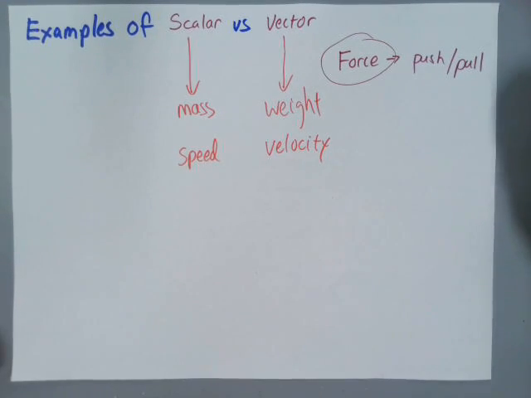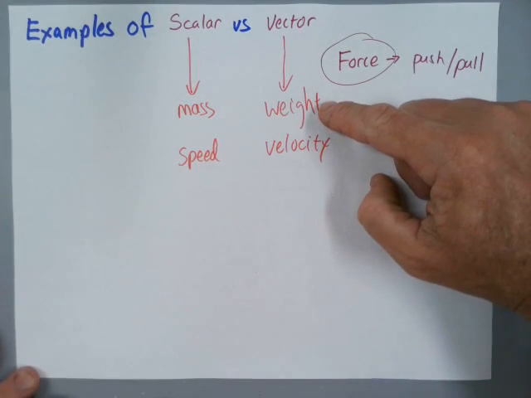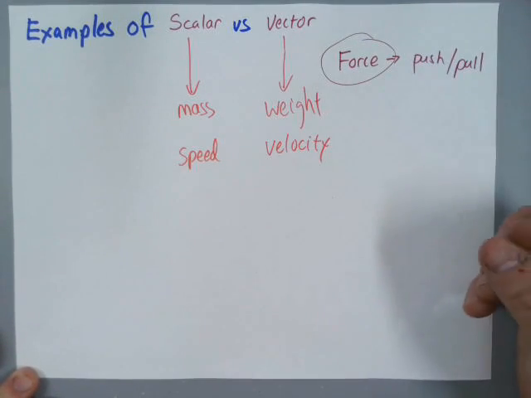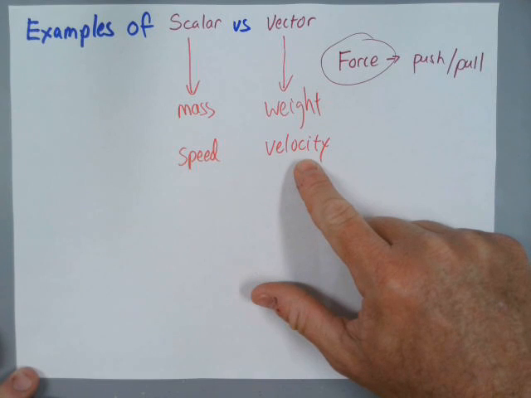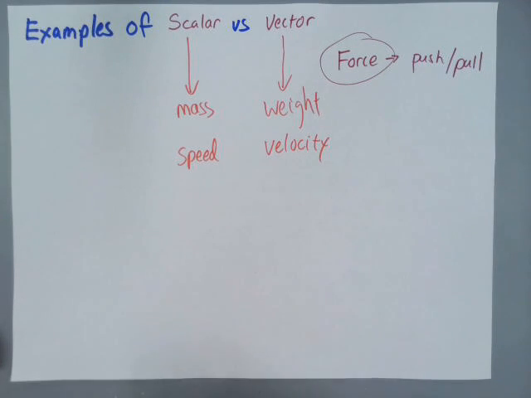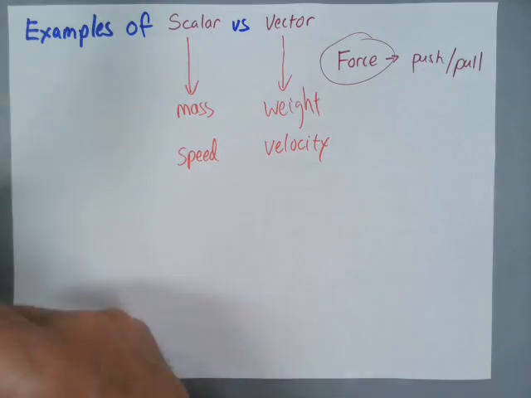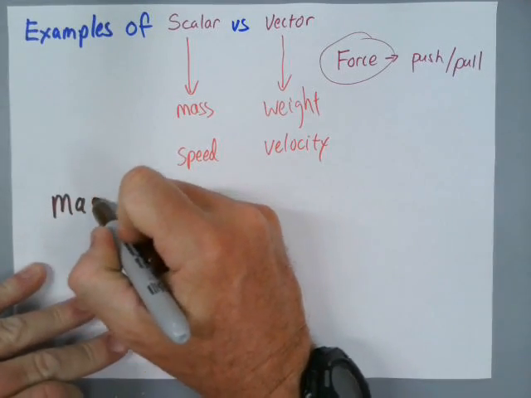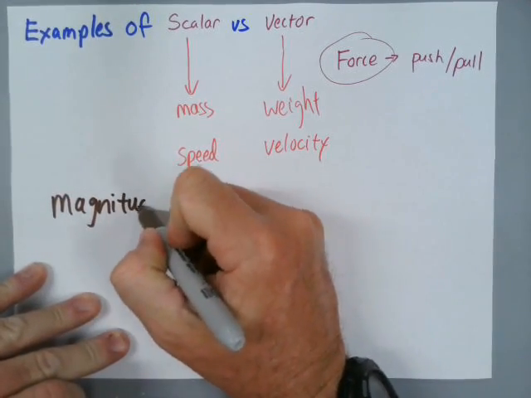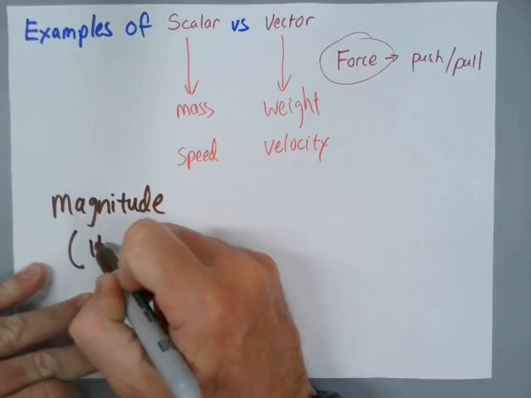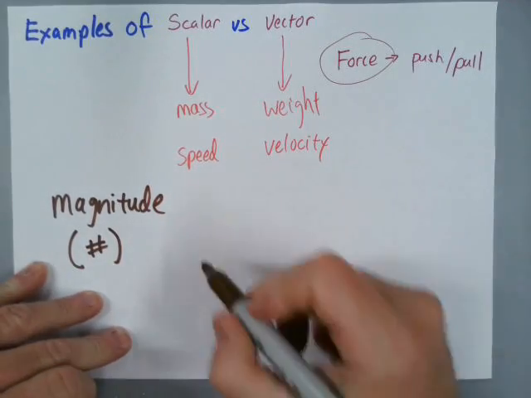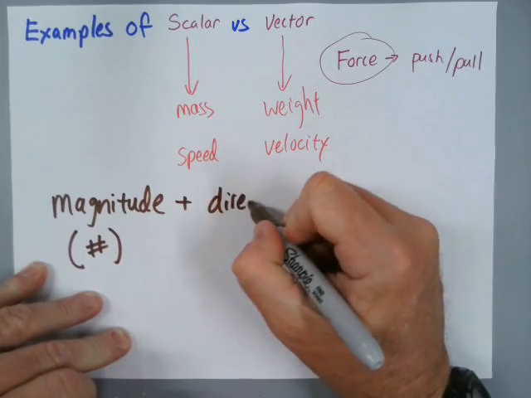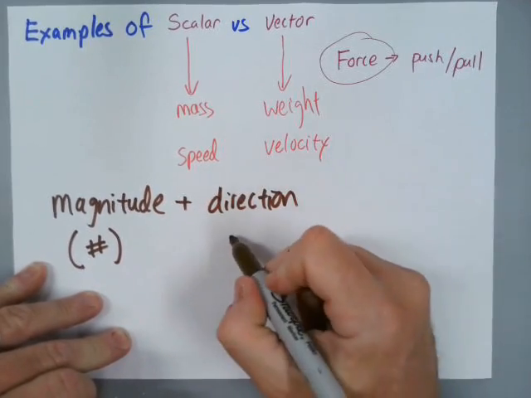Now, this is going to lend into our next discussion. Well, how do I describe the direction? With weight, it was easy because we know weight only pulls down. But for velocity, I've got to have a way to express the direction. We know that all vectors have a magnitude, which is just the number, the how big part, and direction.